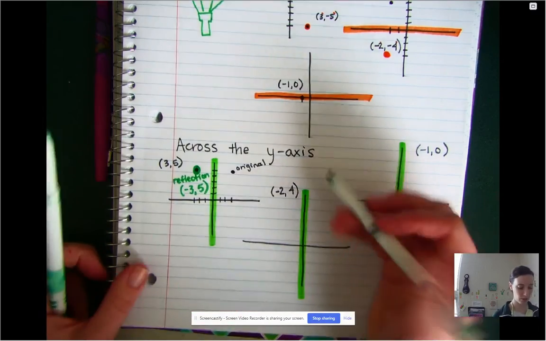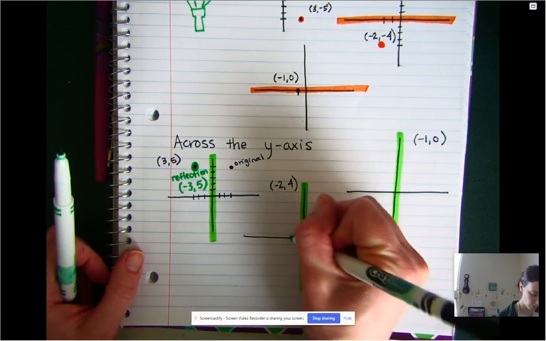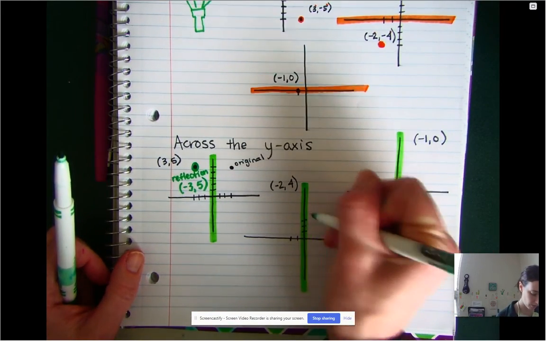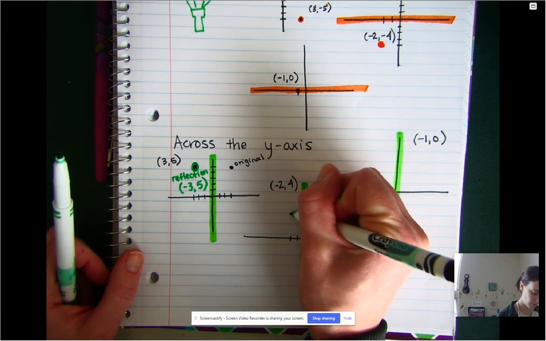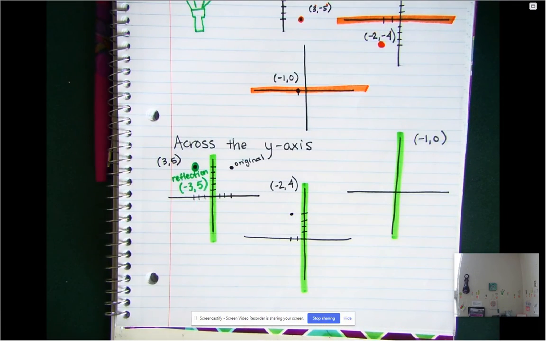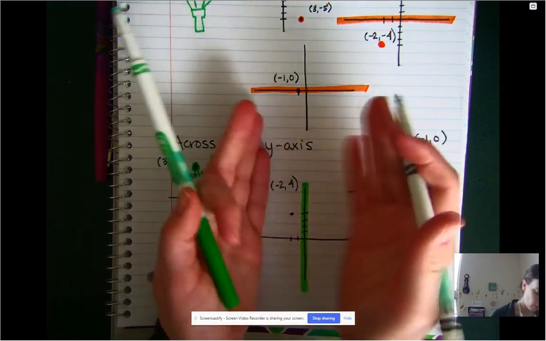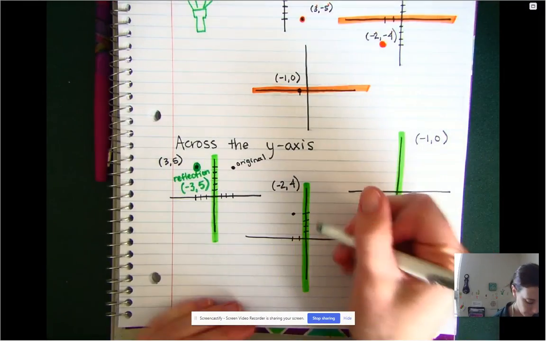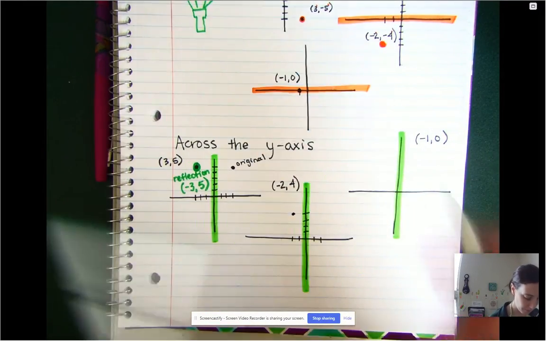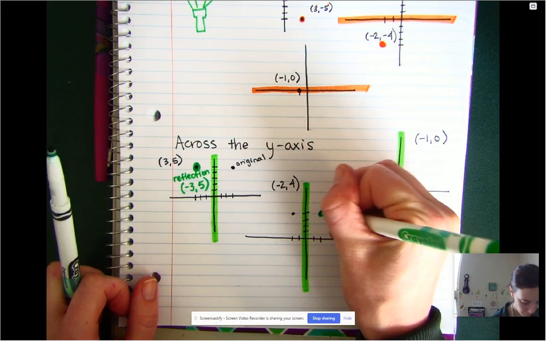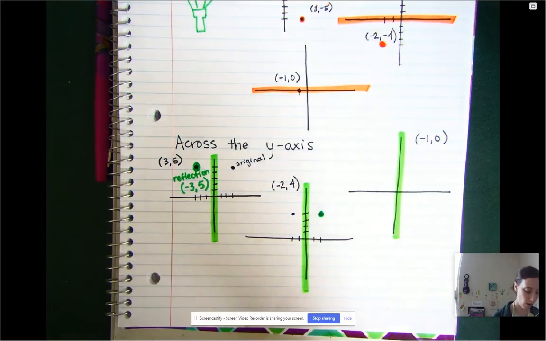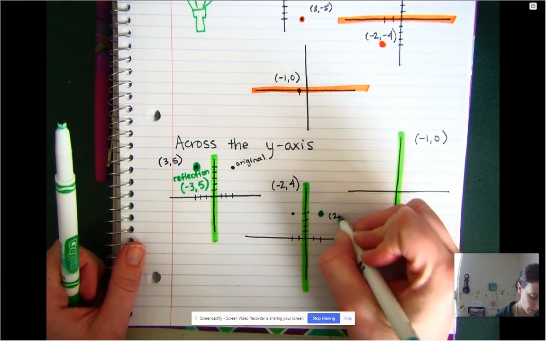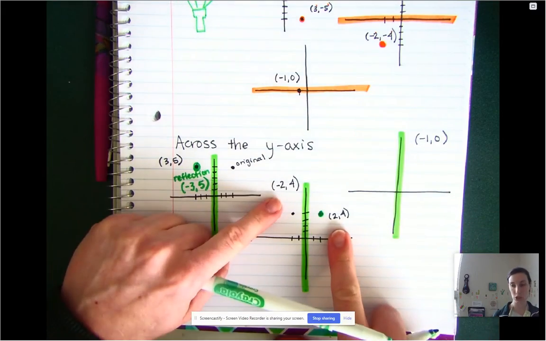Let's go over here and try this one: (-2, 4). Reflected across the y-axis. Whoop. Now our coordinate is (2, 4). So look what changed.